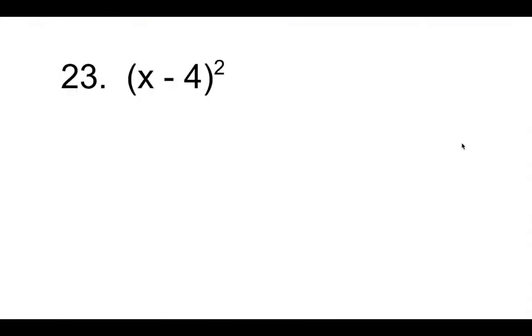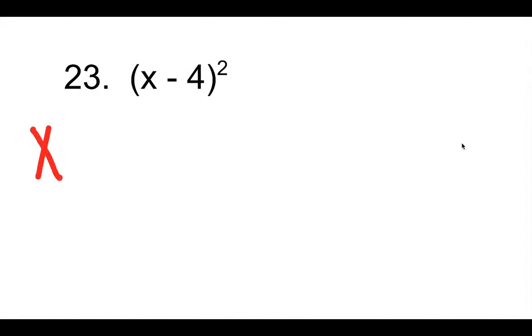X minus 4 squared. If you remember, there is a shortcut, but I'm not sure that we remember, but I guess I'll show if you do remember and want to remember. If you have the same thing, so x minus 4 and it's squared, you're going to square the first term, so it's just x squared.